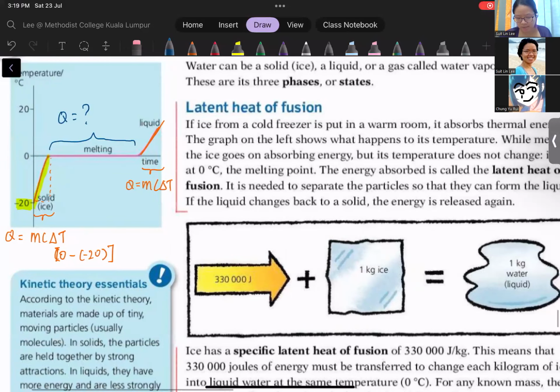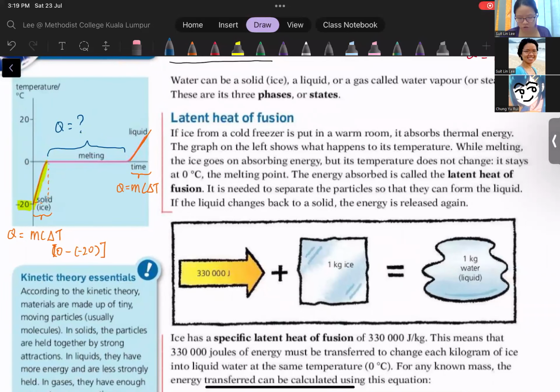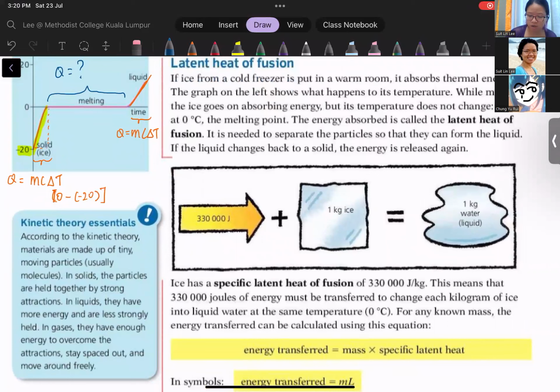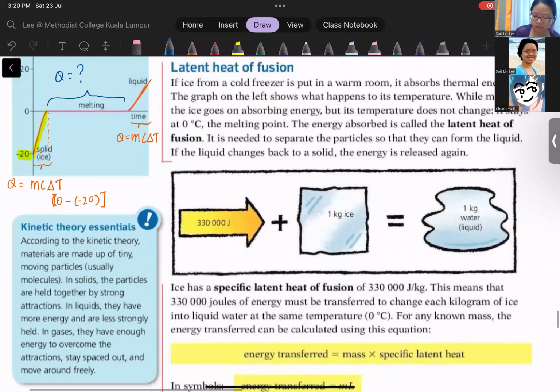So for latent heat, there are two different state changes. The first one is latent heat of fusion. Fuse here is something changing state from solid to liquid or liquid to solid, depending on whether you add heat or you remove heat.